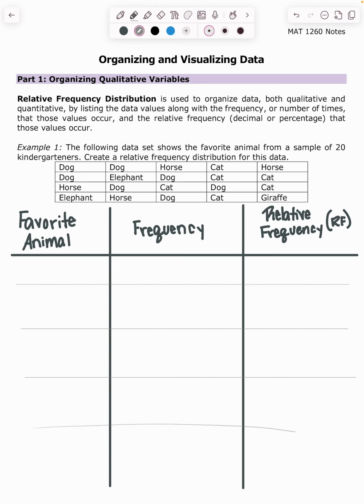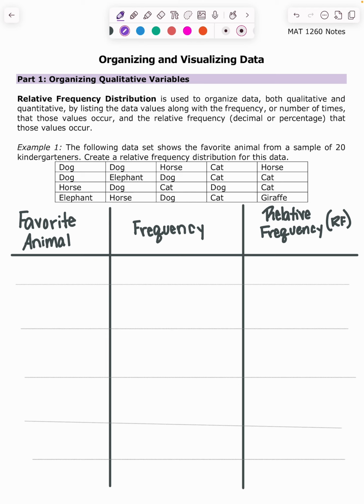I want to make sure that we can read this table. Doesn't have to be perfect, just want it to be a little bit nicer. I think I need one more line. Okay, there we go.